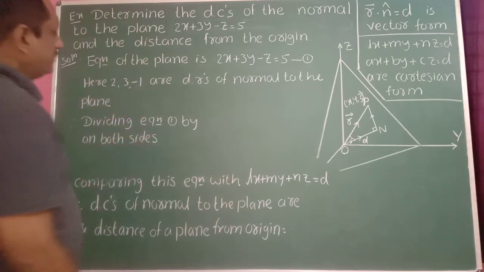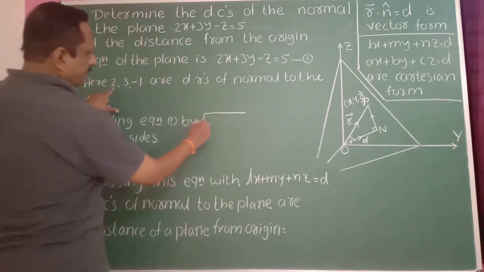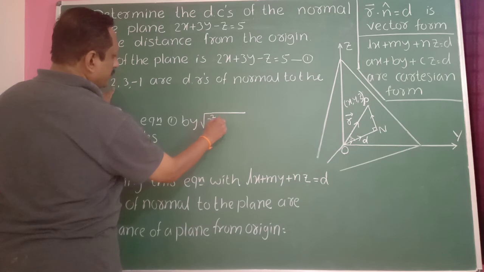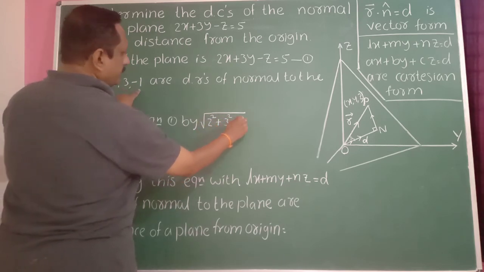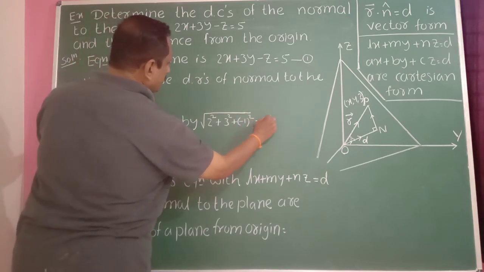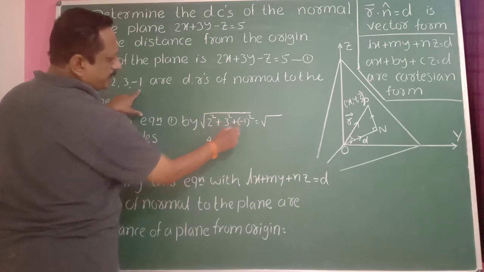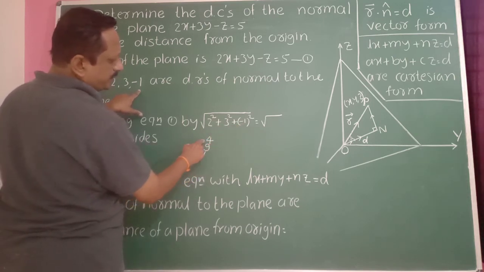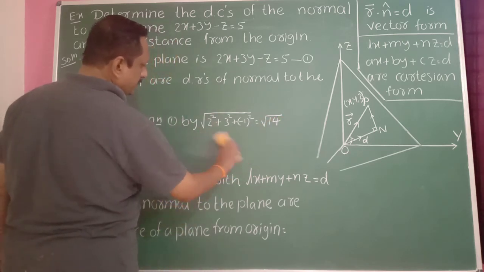So dividing equation 1 by the root of 2 square plus 3 square plus minus 1 square. That is 4 plus 9 plus 1, 14. Root of 14. Dividing both sides by root of 14.